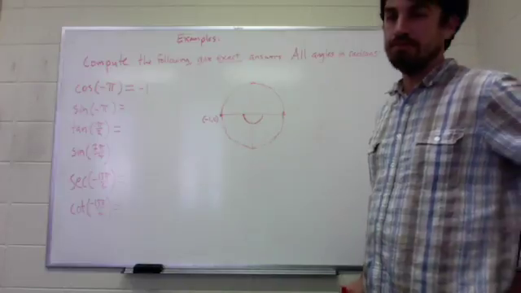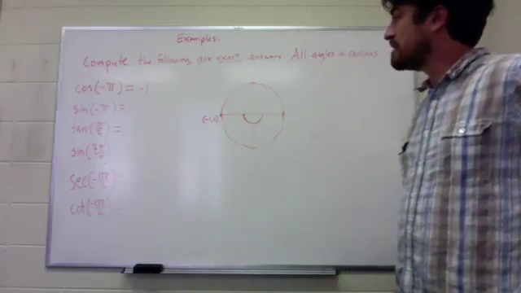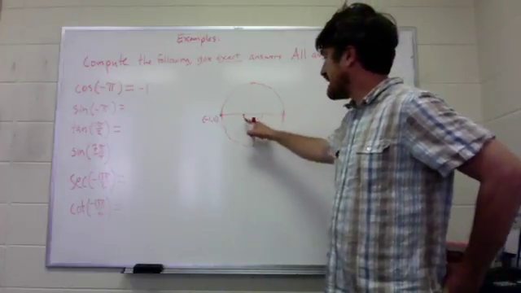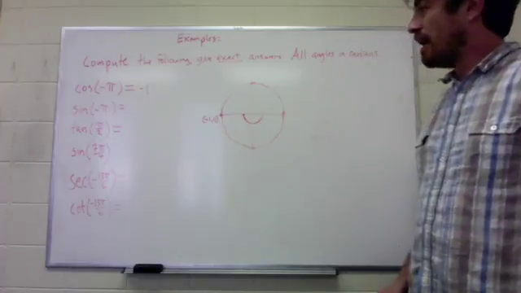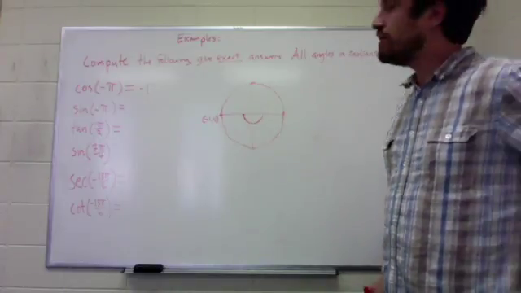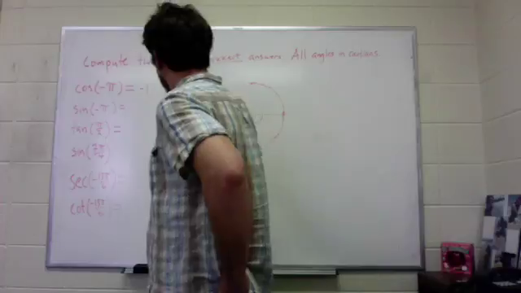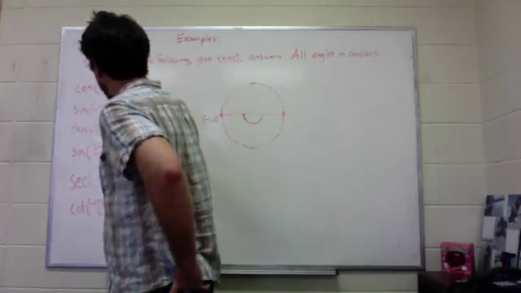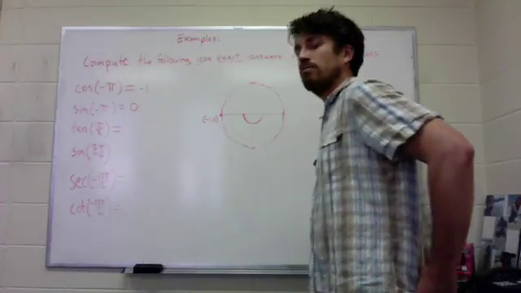Done deal, right? The sine of this same angle, negative pi, is equal to 0, again just because the y-coordinate there is equal to 0.